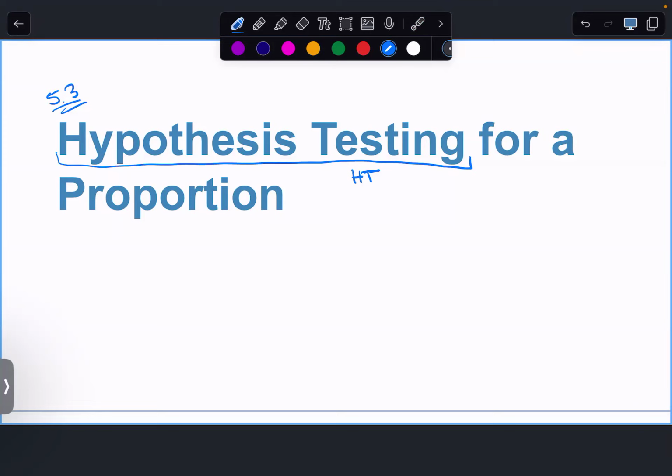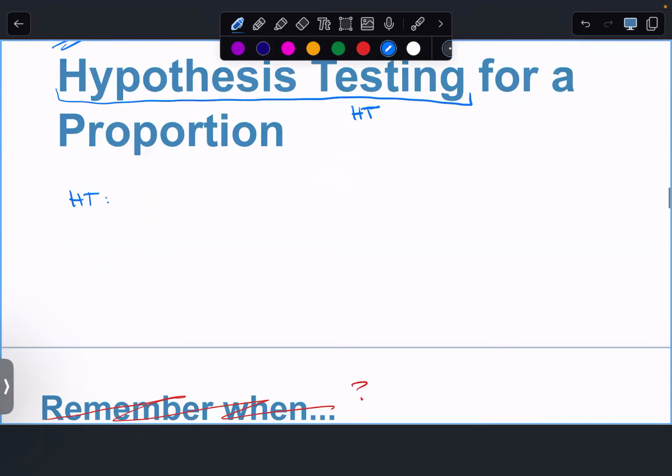Now, hypothesis testing is just as formal as it sounds, okay? And it really is kind of the backbone of statistics. And so hypothesis testing is a formal method of establishing significance.